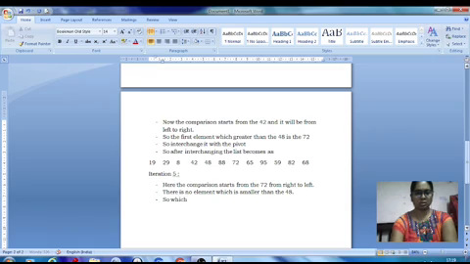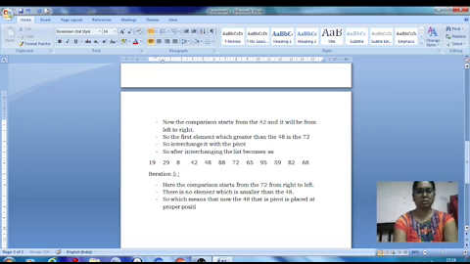Which means that now 48, the pivot, is placed at its proper position in the list.